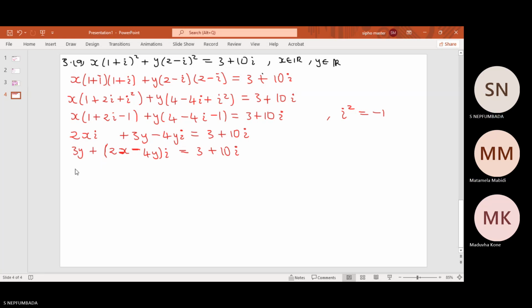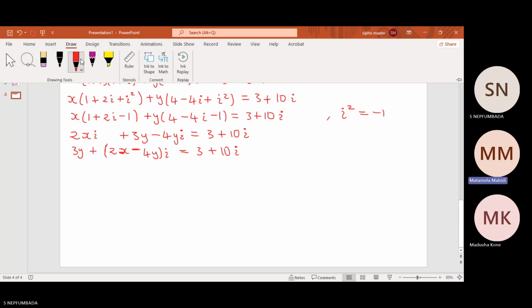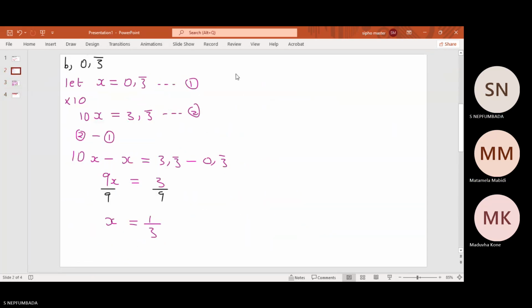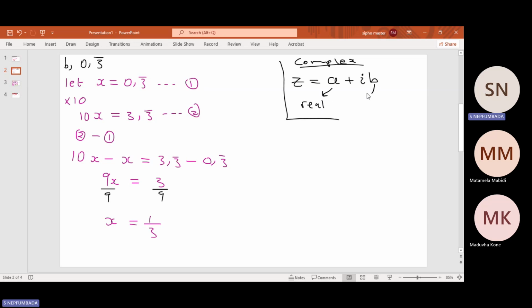So we equate the, remember our complex number, it says what? It says z is equal to a plus ib or bi, where this is the real and this is the imaginary.